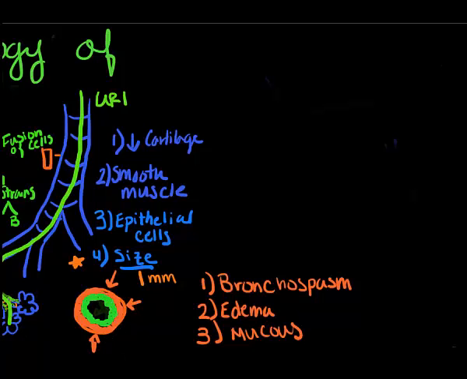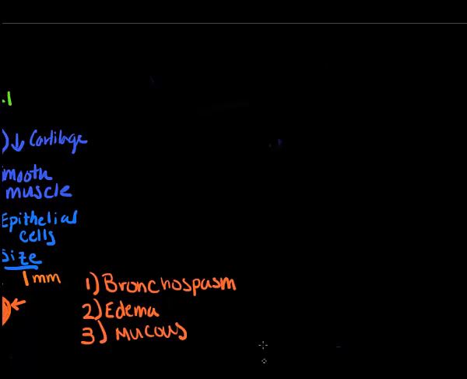This should sound like another condition that you may be familiar with, and that is asthma. But remember, asthma is a chronic recurring condition. RSV is an infection that results with these same types of responses in the bronchioles.